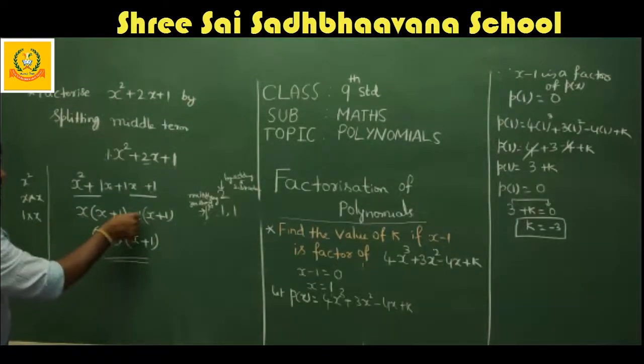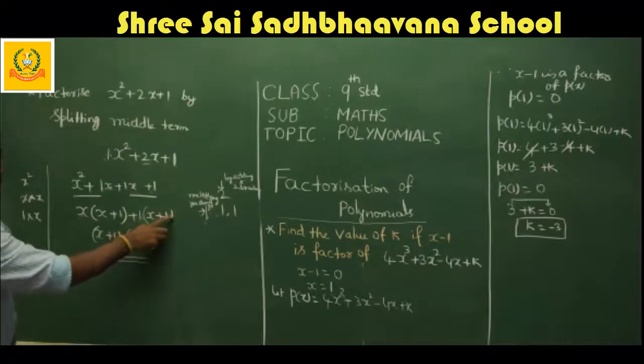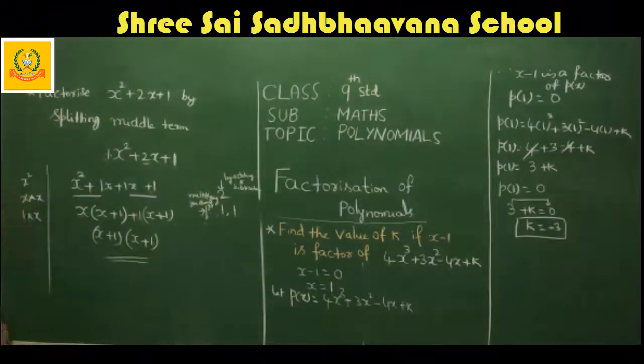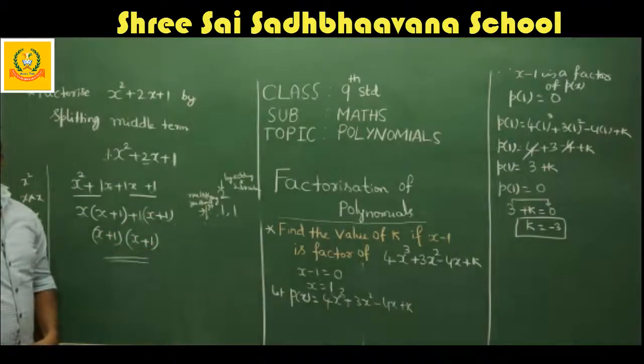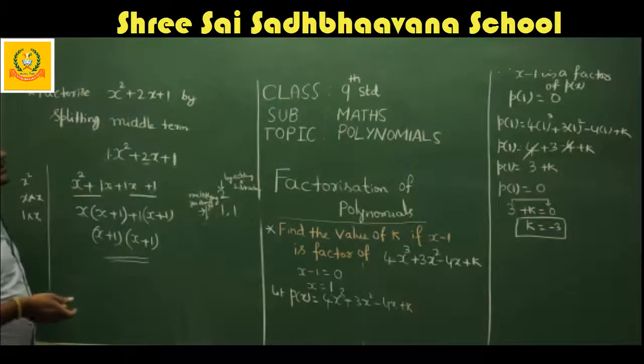What is the middle symbol? Plus, right? And here, x plus 1 is multiplied with 1. So take 1. So we factorize it as x plus 1 into x plus 1. This is how you have to factorize the given polynomial.